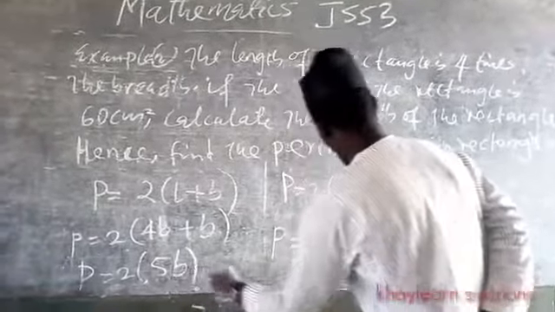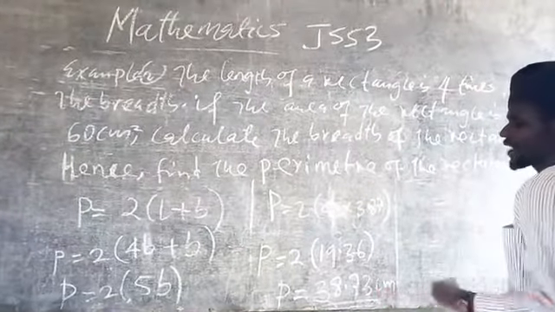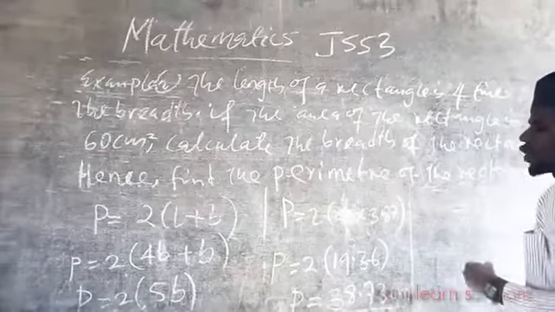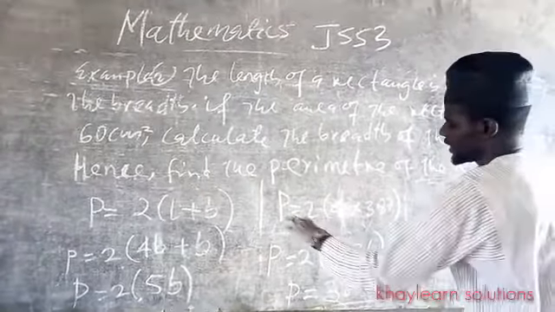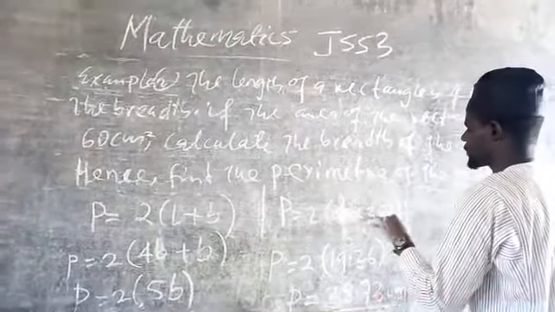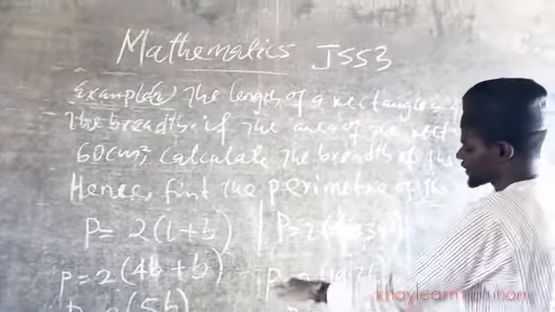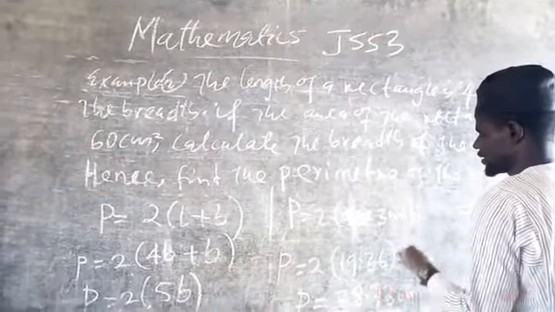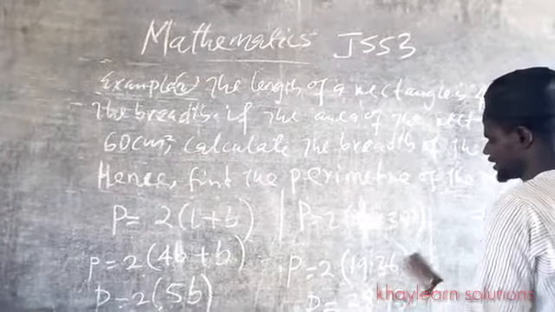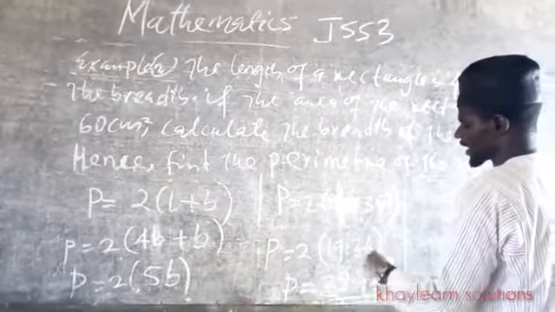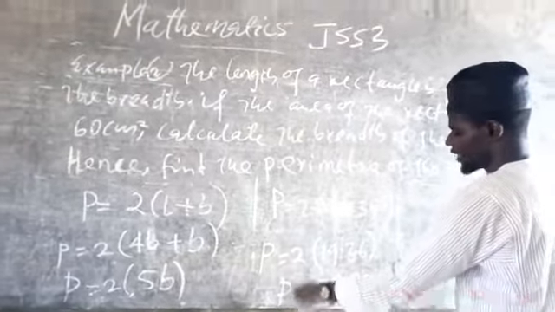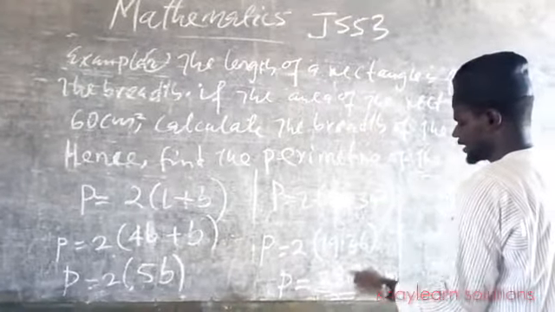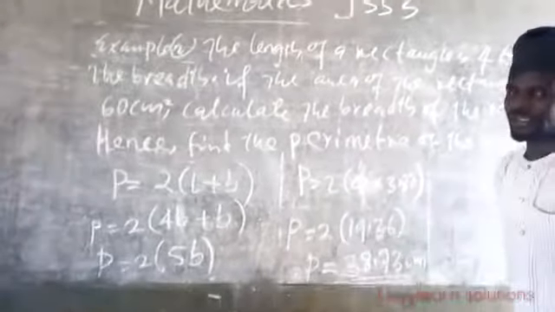We remove B and put 3.87 as the value of the breadth. So P equals 2 bracket 5 times 3.87, which is just 19.36. Removing the bracket means to multiply by 2. What we have finally is P equals 38.73 centimeters.